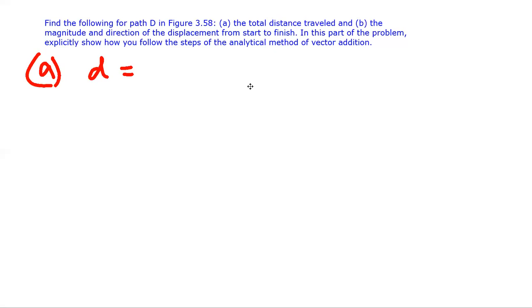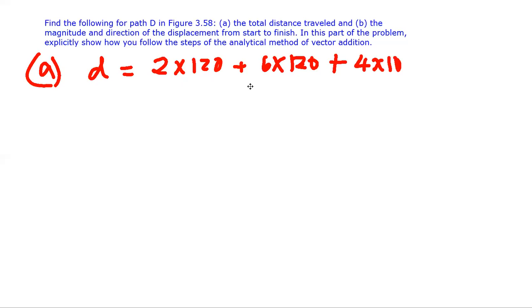We just add them all up, correct? Okay, so you have 2 blocks, 2 times 120, plus 6 blocks, 6 times 120, plus 4 blocks, and then you have 1 block.